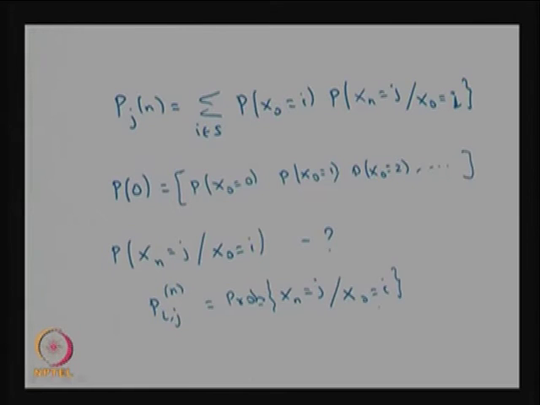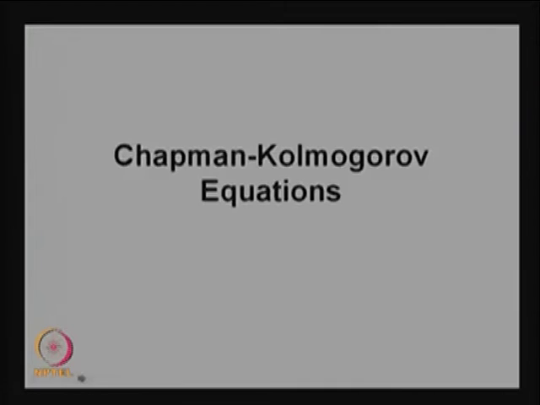We need to compute these n-step transition probabilities p_{ij}^{(n)}, and this can be done by the method called the Chapman-Kolmogorov equations, which provides a method for computing the n-step transition probabilities. How we derive the Chapman-Kolmogorov equation, I am going to do now. We are going to derive the Chapman-Kolmogorov equations for the time homogeneous discrete time Markov chain.